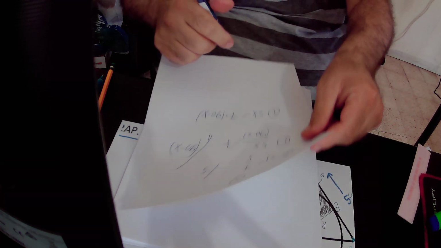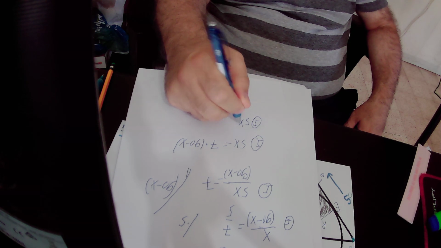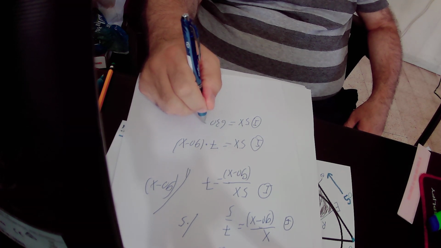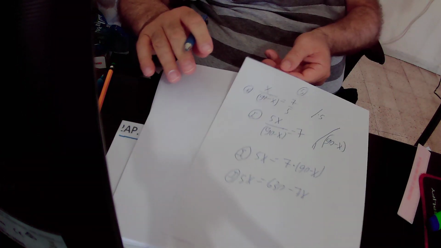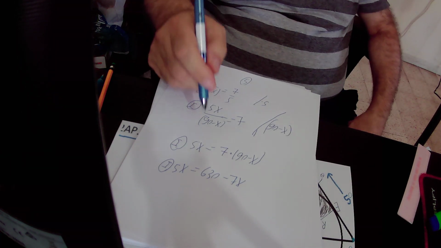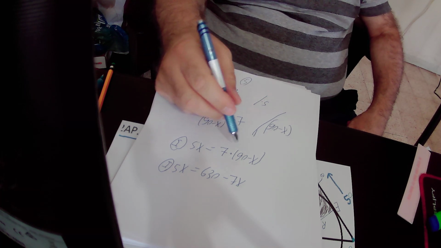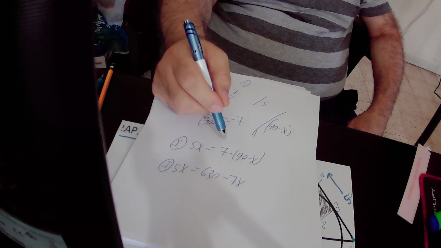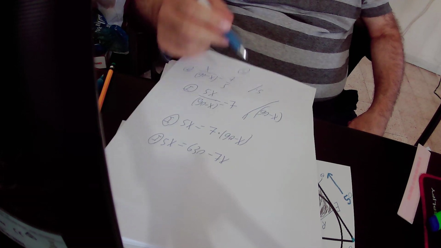We get that 5x equals 7 times 90, which is 630, and 7 times minus 6 equals minus 7x.